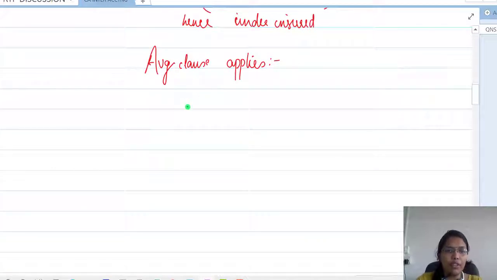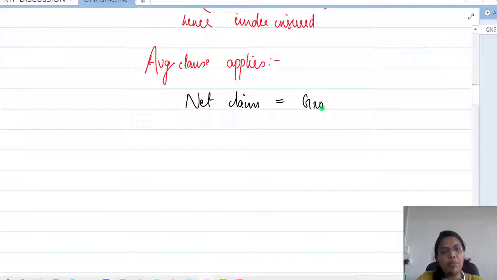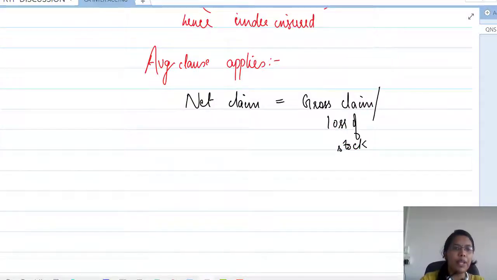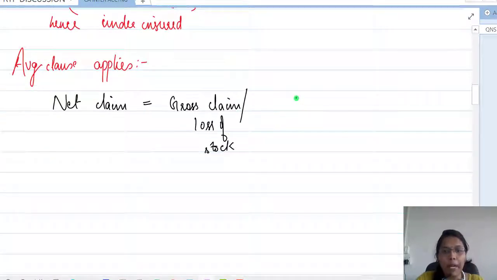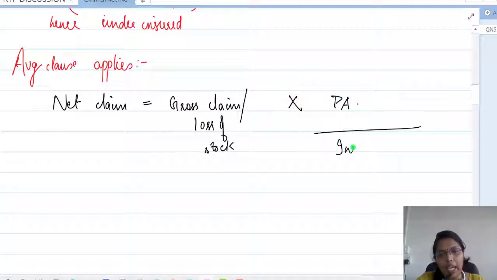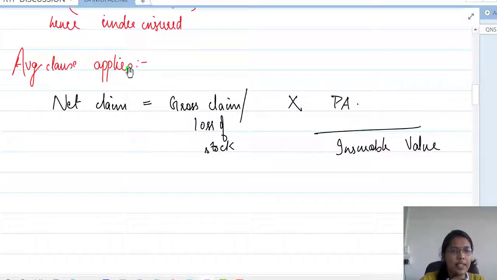So if average clause gets applied, what is the net claim? The net claim is going to be the gross claim from the previous step, or it could be loss of stock, whatever name you want to give it, which is going to be 3,87,300, multiplied by the policy amount divided by insurable value. So this is the formula for finding out the net claim if average clause applies.